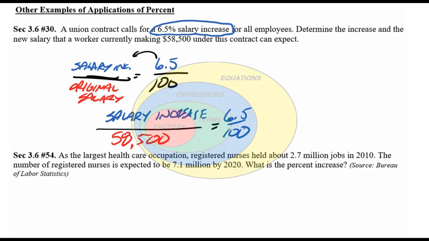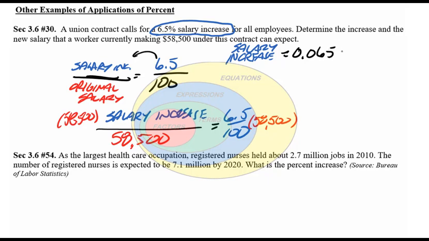To solve this, I just have to multiply both sides by 58,500. So the salary increase would equal 6.5 over 100, which is 0.065, times 58,500.